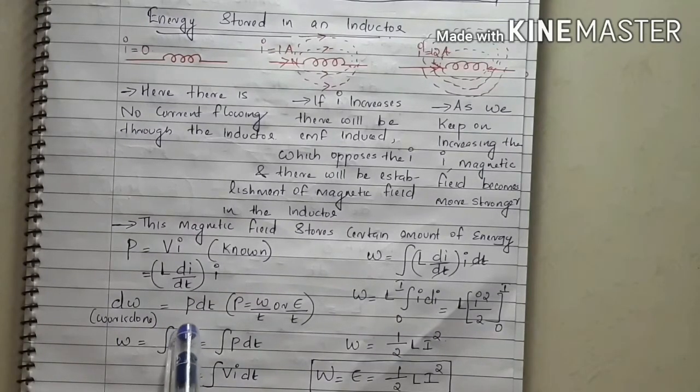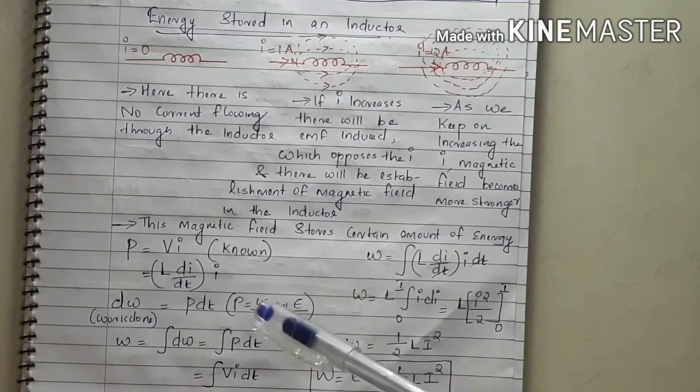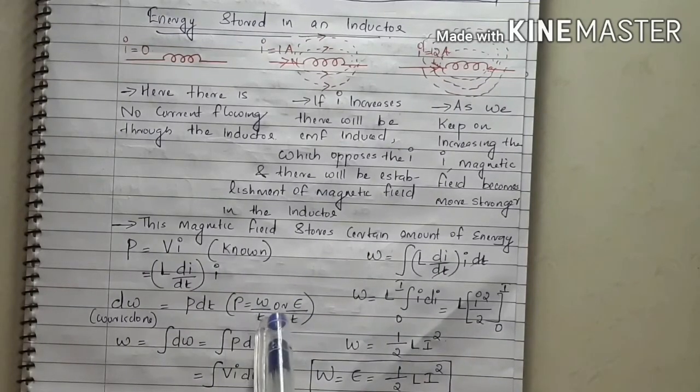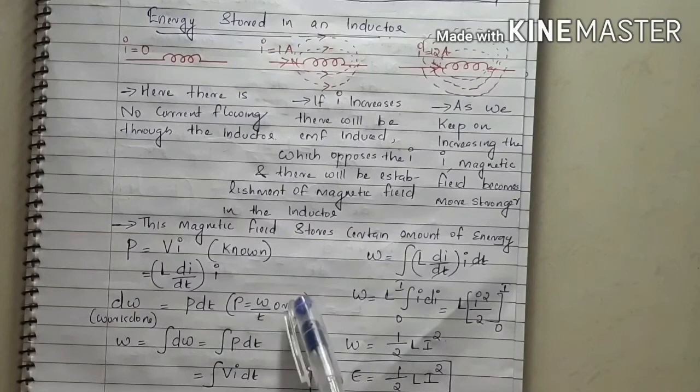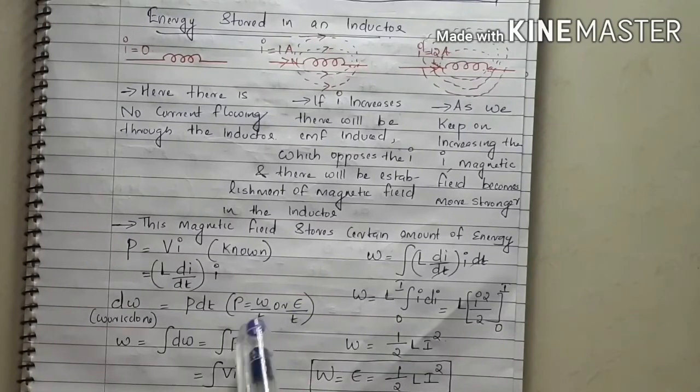Work done can be written as P dt. That is, power is nothing but work done per unit time. P equal to W by T, or it can also be written as, work done is nothing but energy. Energy per unit time. So, power is the work done per unit time or energy per unit time. So, work done can be written as dw equal to p dt.